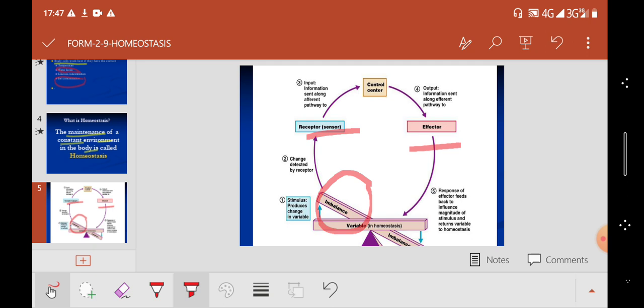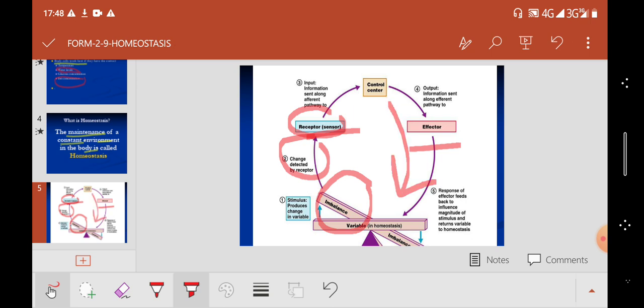Then we can call it a change, and that change is normally detected by an organ, and that organ that detects that change is called a receptor, and that receptor will always send an impulse to the center that controls it, and then that particular variable will be brought back to normal.